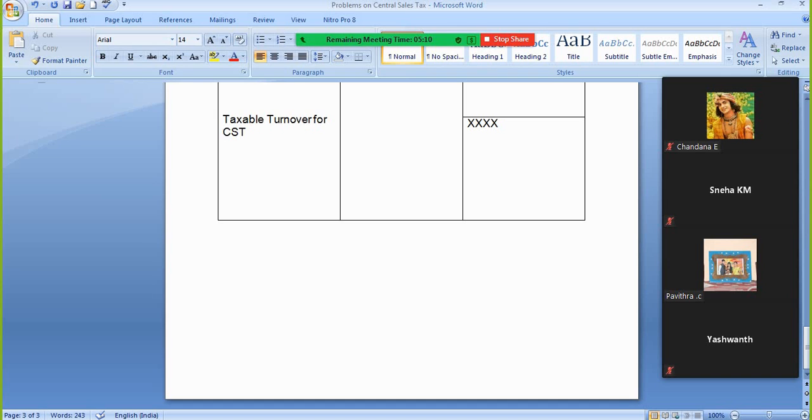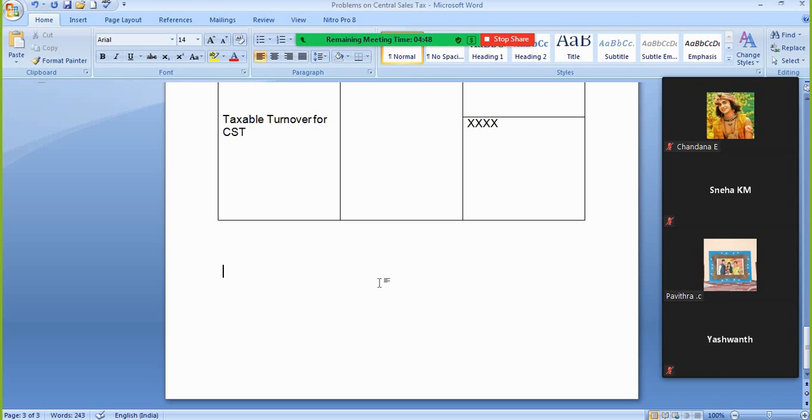Mrs. Vasudha deals only in one type of commodity which is chargeable to VAT at 2% in Tamil Nadu. You are required to compute the total turnover, CST and taxable turnover for the financial year 2014-15.